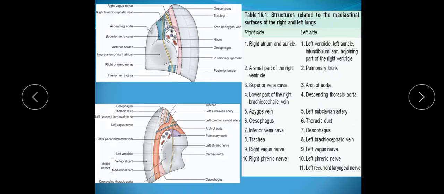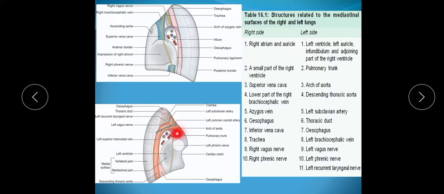Then the impressions on the mediastinal surface of the left lung. The impressions are left ventricle. This is the impression of the left ventricle along with the left auricle, infundibulum and adjoining part of the right ventricle.